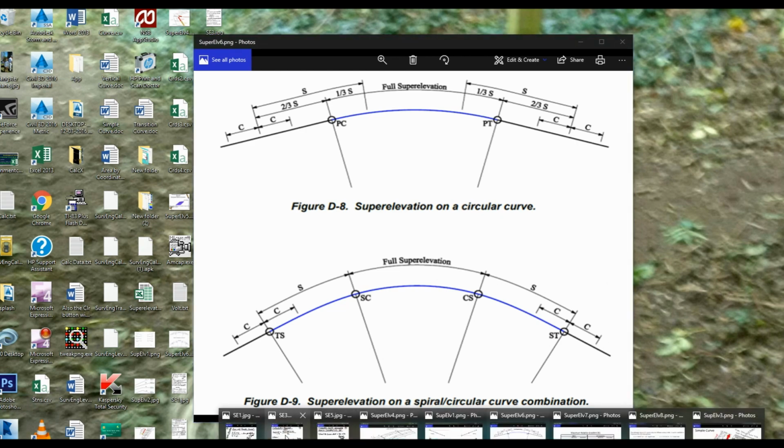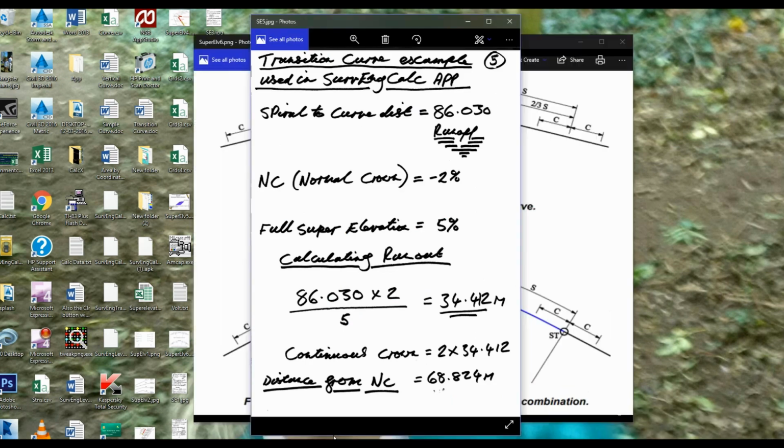For a transition curve example to work out the run out, I've used the spiral to curve distance as 86.030. I'm using a normal crown rate of 2% and a full super elevation of 5%. So calculating the run out is basically the distance times the crown rate divided by the full super elevation rate, which gives me a distance of 34.412.